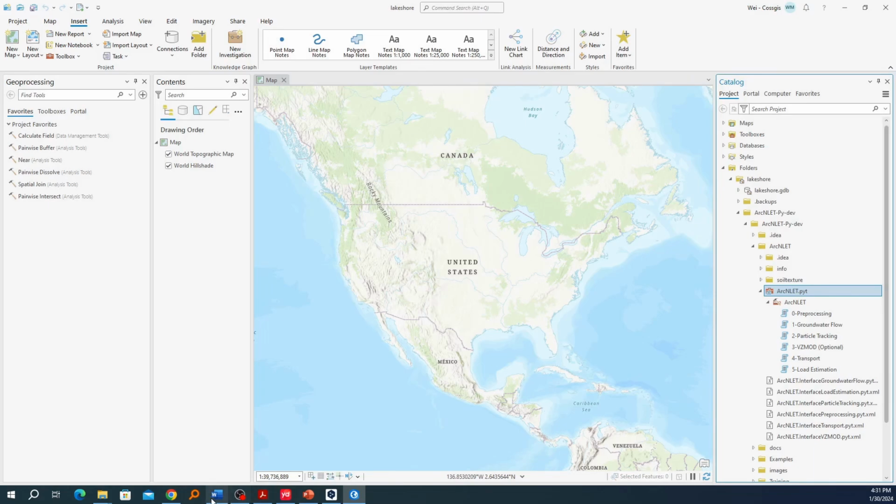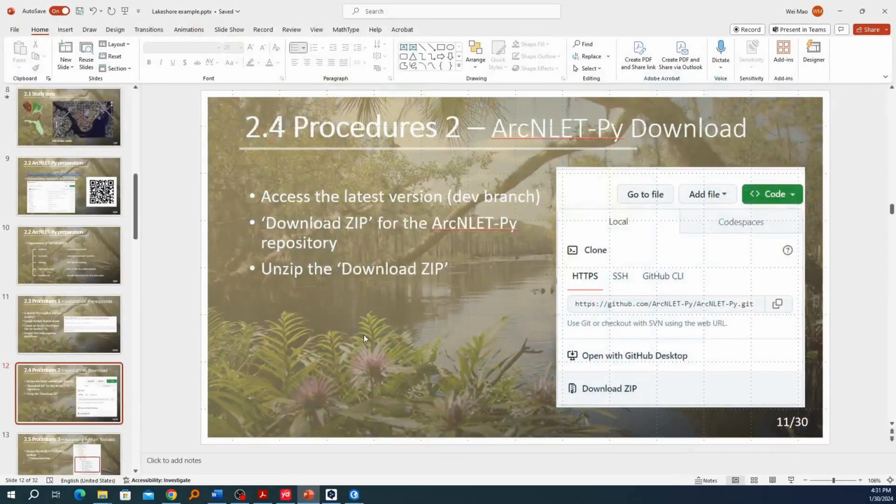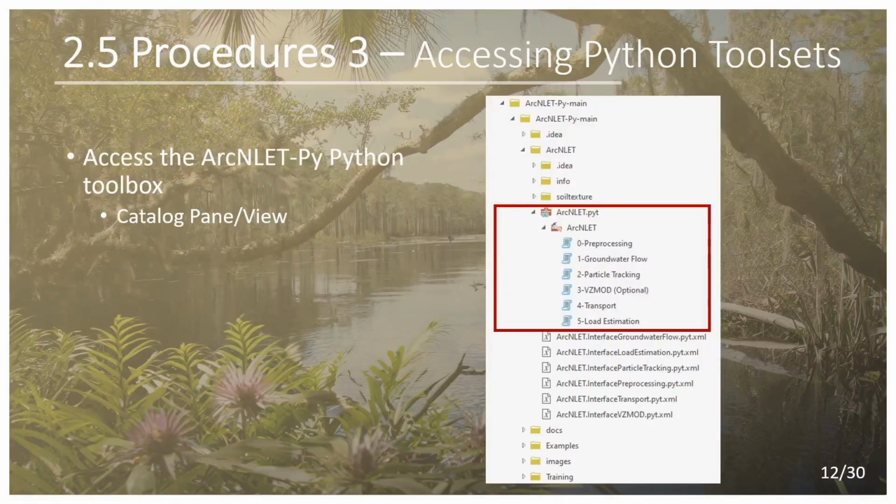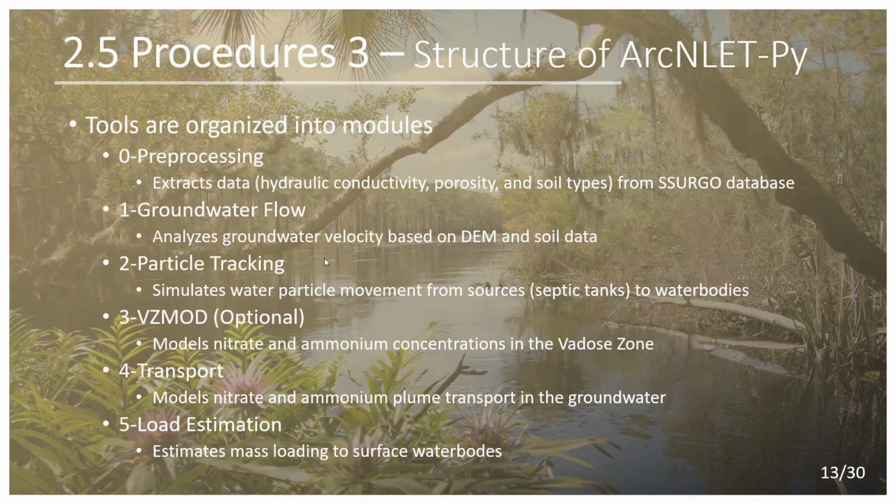Let's go back to our PowerPoint. There are 6 modules in ArcNLET-Py. The first module is the pre-processing module. This is a new module, and we will cover it in part 3.